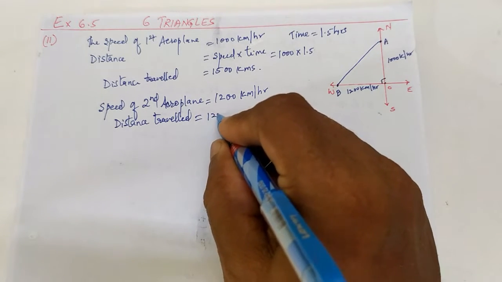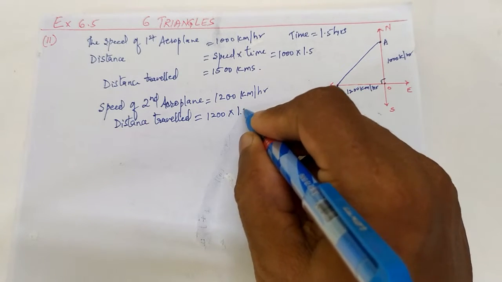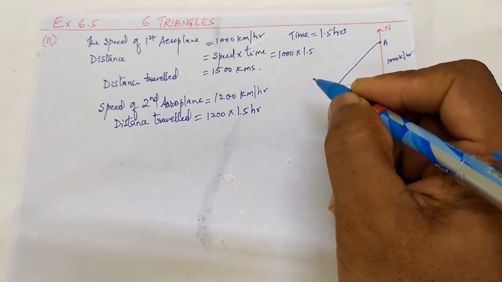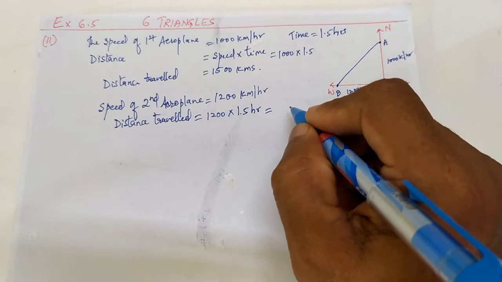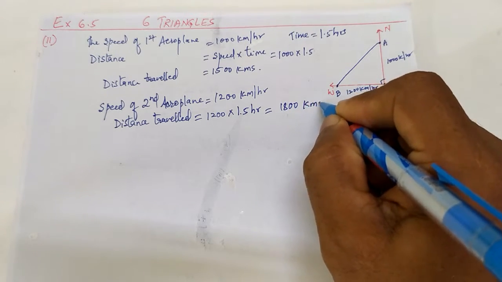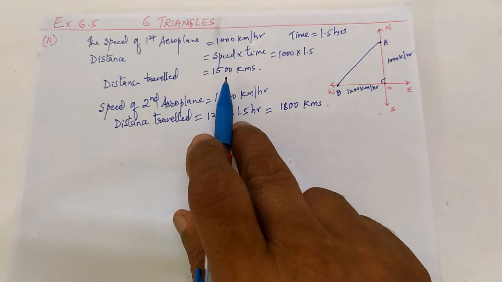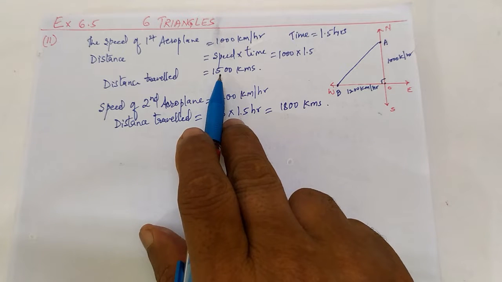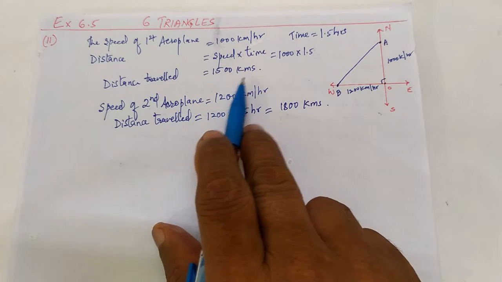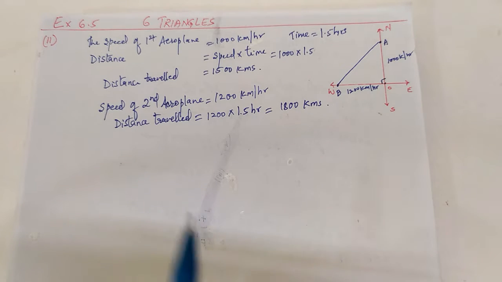The speed is 1200 kilometers per hour into time is 1.5 hours. So it will be 1800 kilometers. So 1.5 hours later, this aeroplane will travel 1500 kilometers and this aeroplane will travel 1800 kilometers.